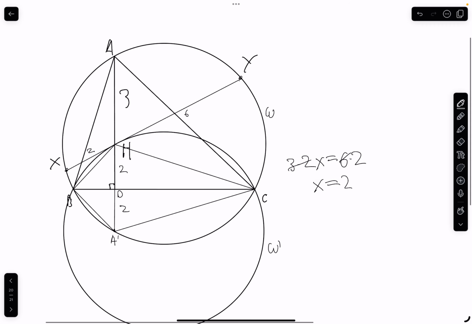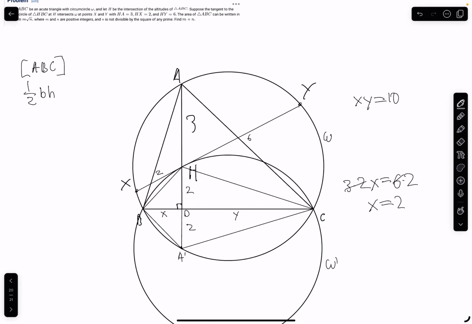We can also form a relation between BD and DC using power of a point. Let's call BD x and DC y. Then xy is equal to A prime D times DA, 5 times 2, or 10. So now we have xy is equal to 10. You can erase the middle part.